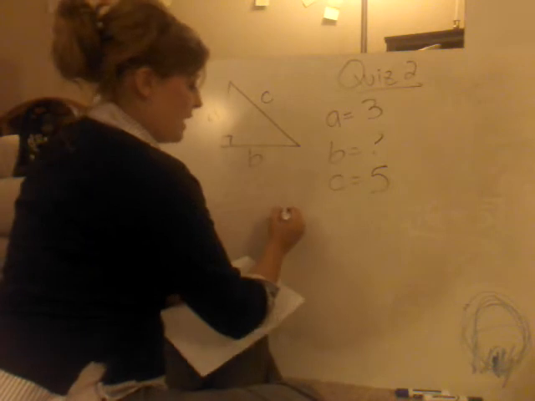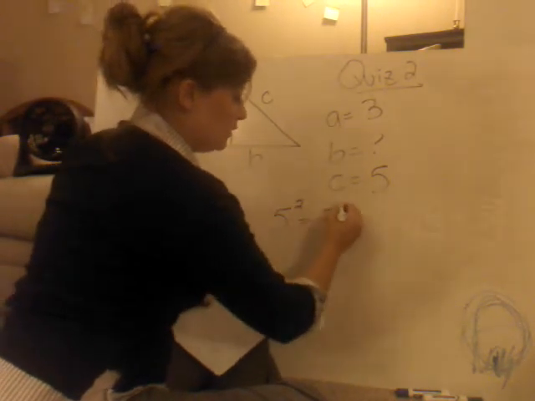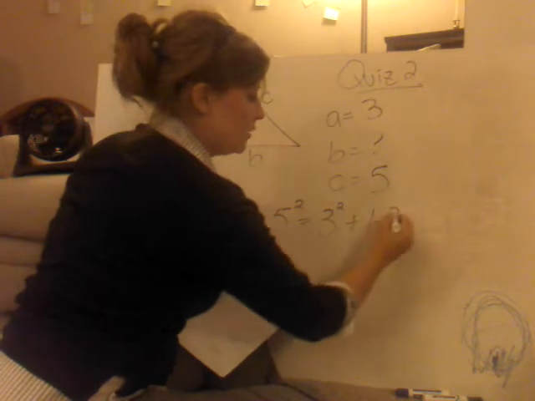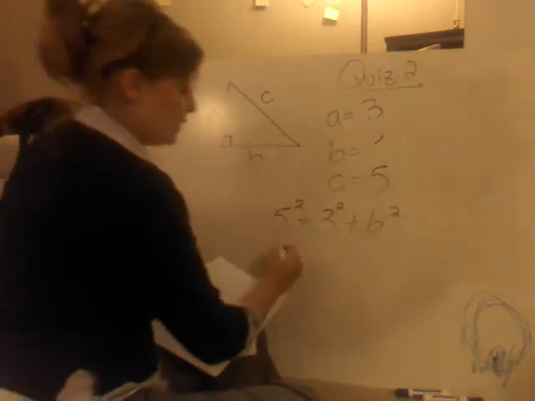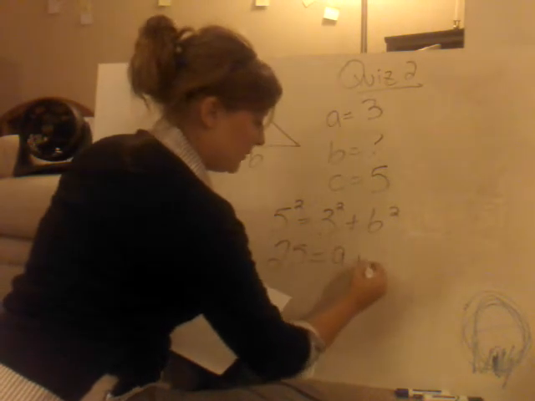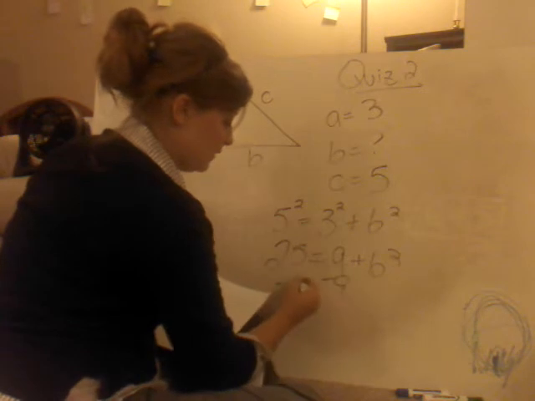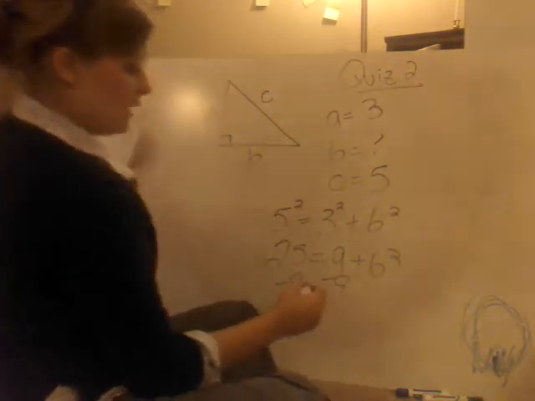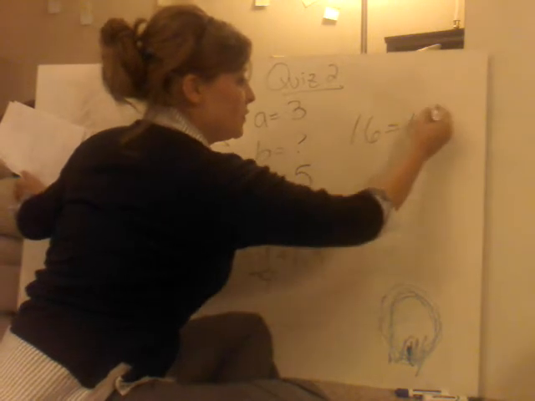So I've got my Pythagorean theorem, which is 5 squared equals A squared plus B squared. I don't know B, so that's what I'm looking for. 5 squared is 25. 3 squared is 9 plus B squared. I subtract 9. I get 16 is equal to B squared.